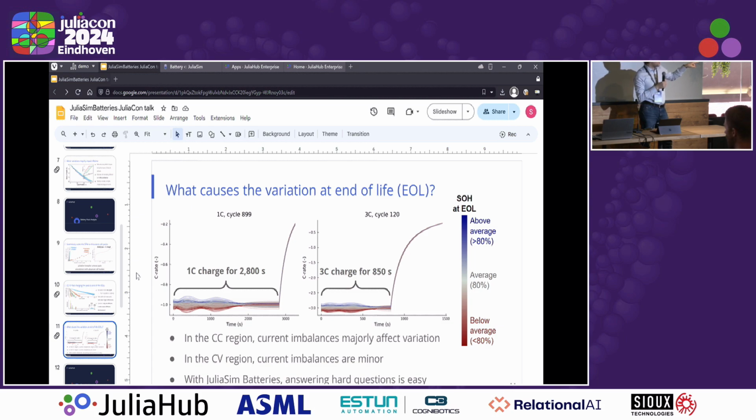It's cycle 899, the cycle number where 50% of the batteries reach end of life. We see that we have the CC region here, where we have one charge for 2,800 seconds. In this region, the red lines represent the cells that are below average, so that they're already under the 80% mark of battery health.